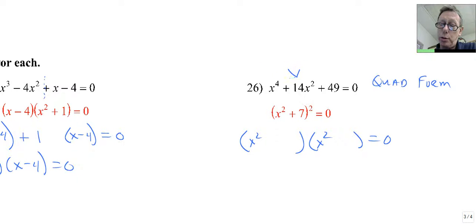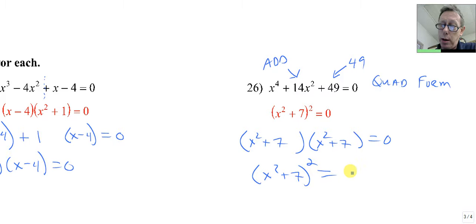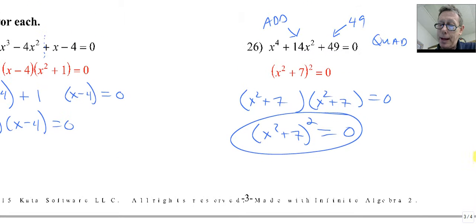Let's look for two numbers that add to 14 and multiply to 49. That would be 7 and 7. So plus 7, plus 7. Now, I can't factor those two x squared terms any further. They're not a difference of squares. So we can just write this as x squared plus 7, since both those factors are the same, squared equal to 0. And that's the end of that page.